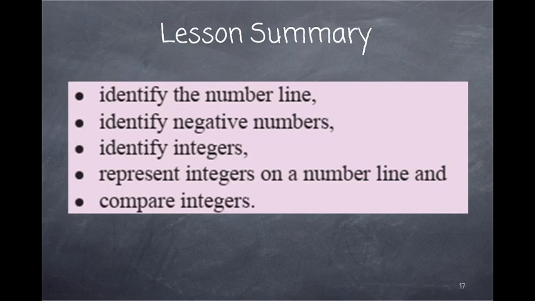Compare the integers or the whole numbers by using the comparison signs. What are the comparison signs we use? The comparison signs are the less than sign and the greater than sign, and these signs or symbols are called inequality signs. And we can also compare the integers by using ascending order or descending order.